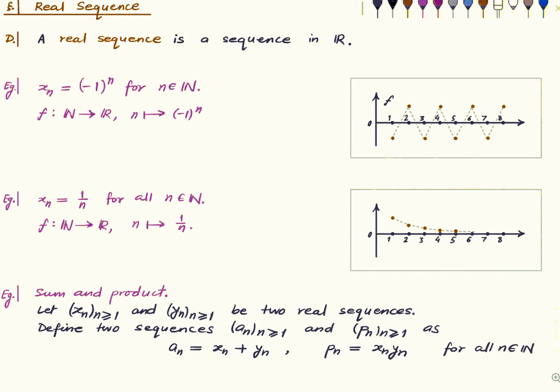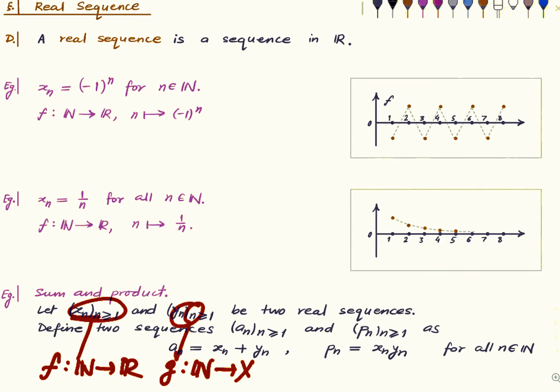Right? So this is called the sum of these two sequences, and this is called the product of the two sequences. In the formal picture, if we call this f, and similarly the other one is g, then what is this guy?